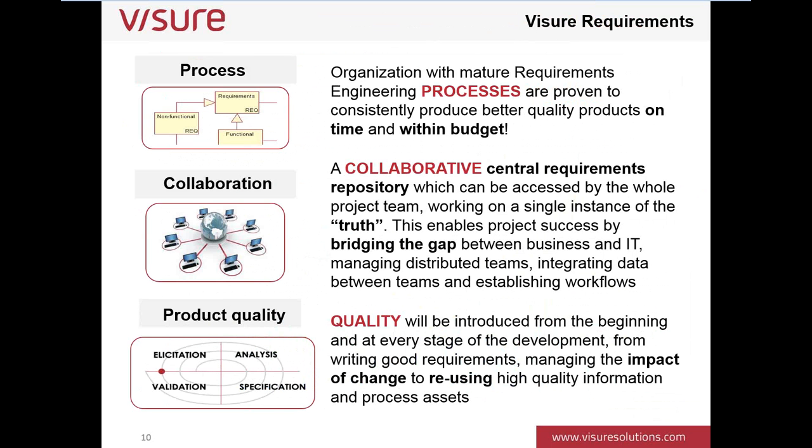Some of the key differentiators when working with Visual Requirements are those three listed in here. It's a process-oriented tool, it's a collaborative tool, and it's a tool about quality for both my requirements and the product that they're going to produce.